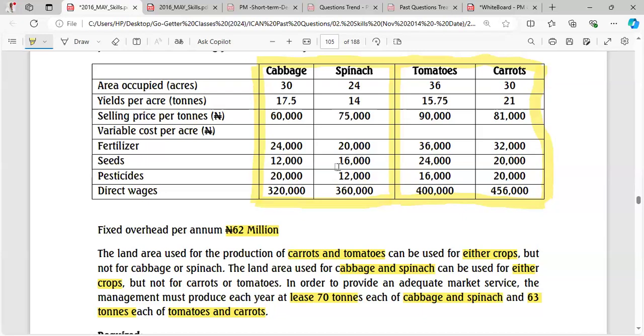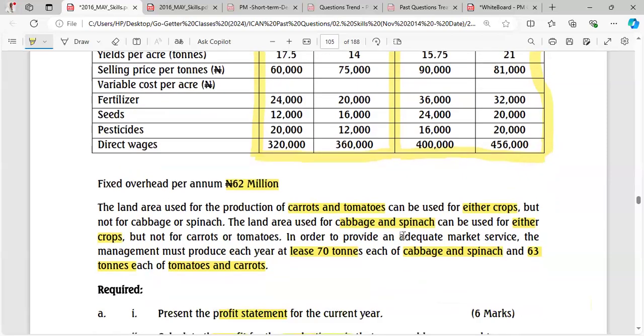Now, our limiting factor, we were not told directly what it is, but we are told that there is a restriction on land. You cannot use the land for carrot and tomatoes. You cannot plant cabbage and spinach there and all that.